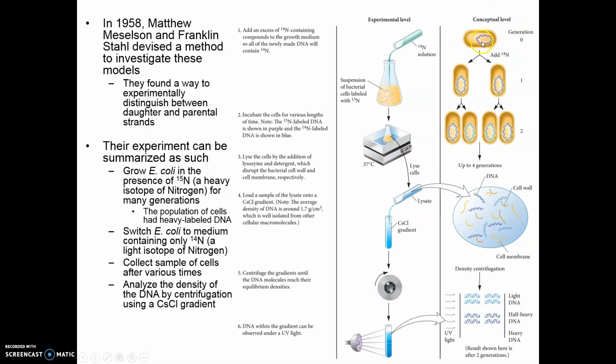From a conceptual level, we have a bacteria that has DNA made with all nitrogen 15. We replace that with nitrogen 14. So depending on which model turns out to be true, you could have two daughter cells with only half the DNA being heavy, and down here we would have half the DNA being heavy, but the cell would have none of the DNA being heavy.